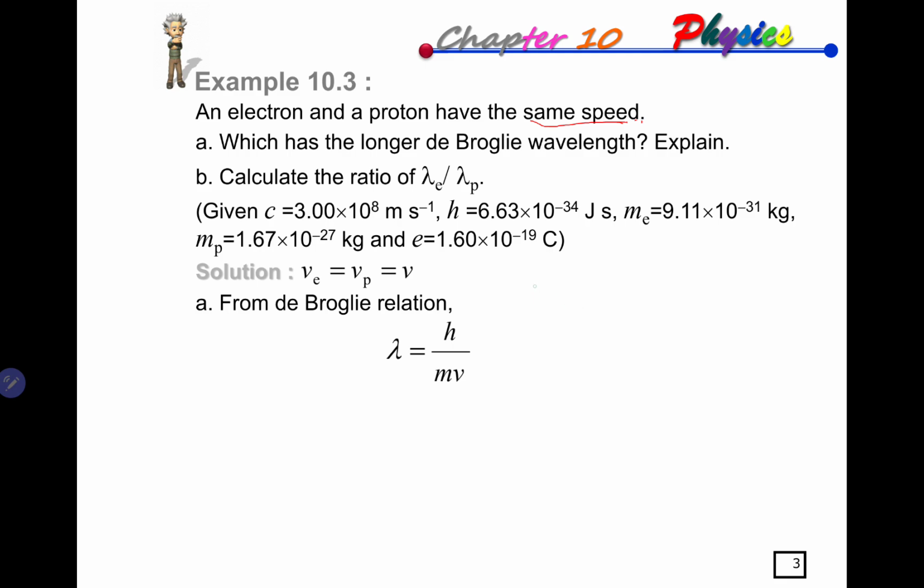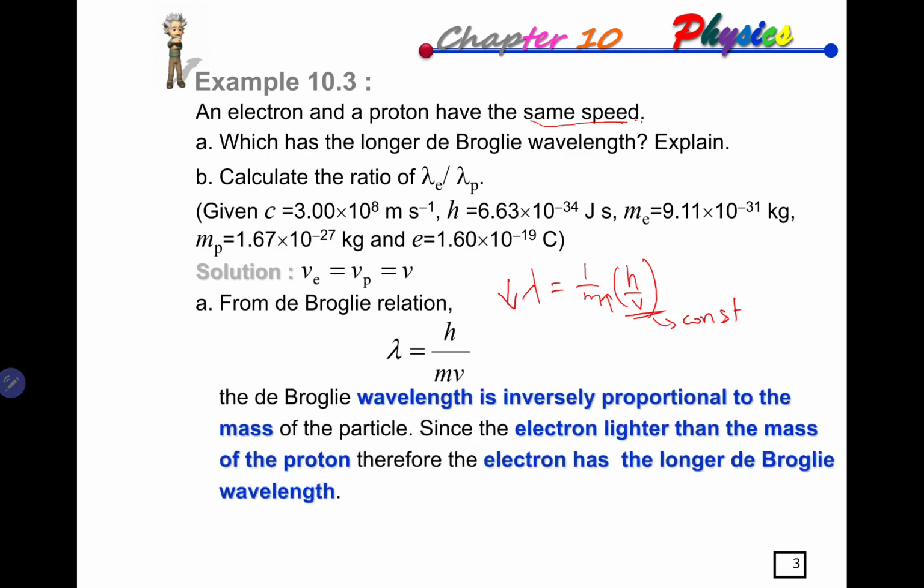If we rewrite the equation, lambda equals 1 over m times h over v. h over v is constant, so lambda will be affected by m. As the mass increases, lambda will decrease; it is inversely proportional. We can conclude that wavelength is inversely proportional to mass. The electron is lighter than the proton, therefore the electron has a longer de Broglie wavelength.